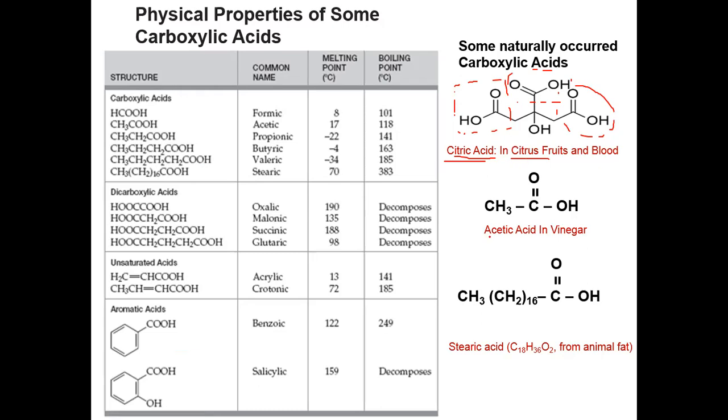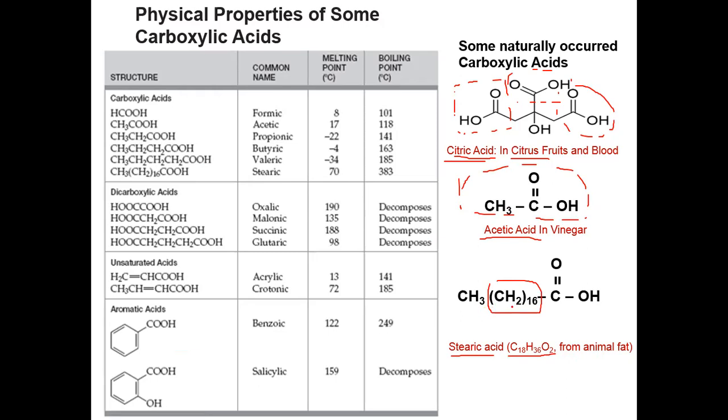Acetic acid, I was talking about acetic acid. This is vinegar. You guys know vinegar, right? This is vinegar, okay? Or stearic acid, it's like animal fat. This is a very, very big acid. See, there are 16 of these ethylene groups.